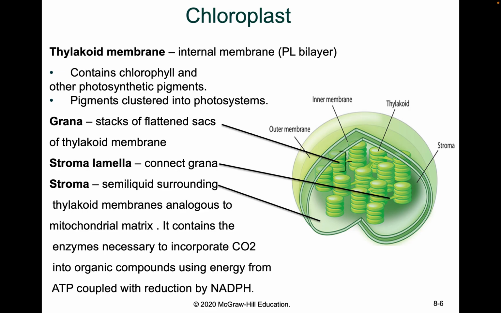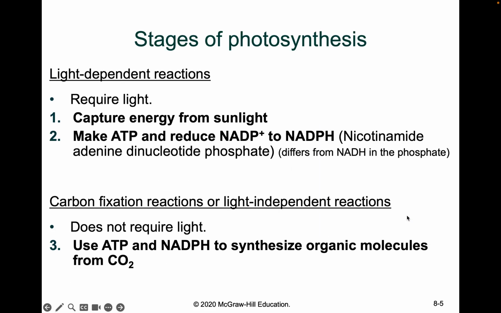They're all found in the thylakoid membranes, taking up the light as energy and creating ATP and NADPH, which are then released into the stroma, where they do the second part of the reaction, carbon fixation, which uses carbon dioxide with the help of energy from ATP and NADPH to create glucose.